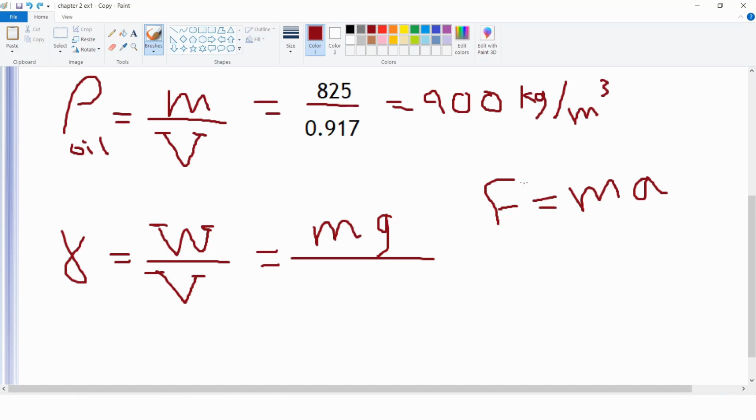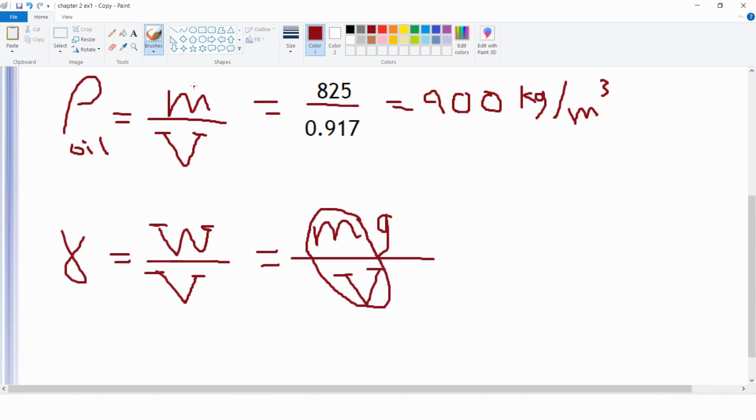This is the force of gravity. The mass is the mass, and the acceleration is the gravity, divided by the volume, right? So the weight is mg. Now, since this part right here is the exact same as this, that's just rho. So this is equal to rho times the gravity.